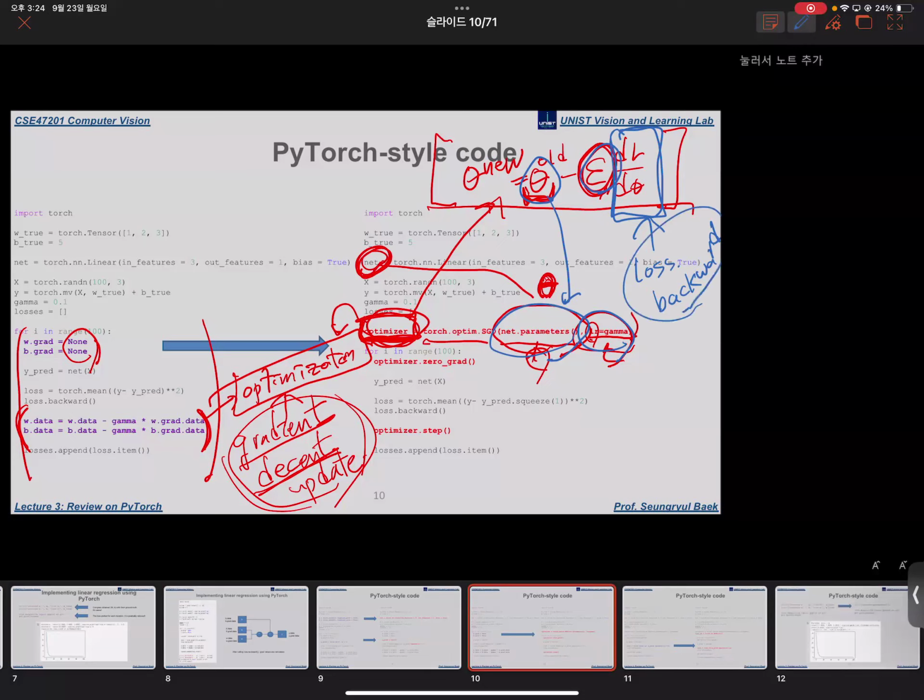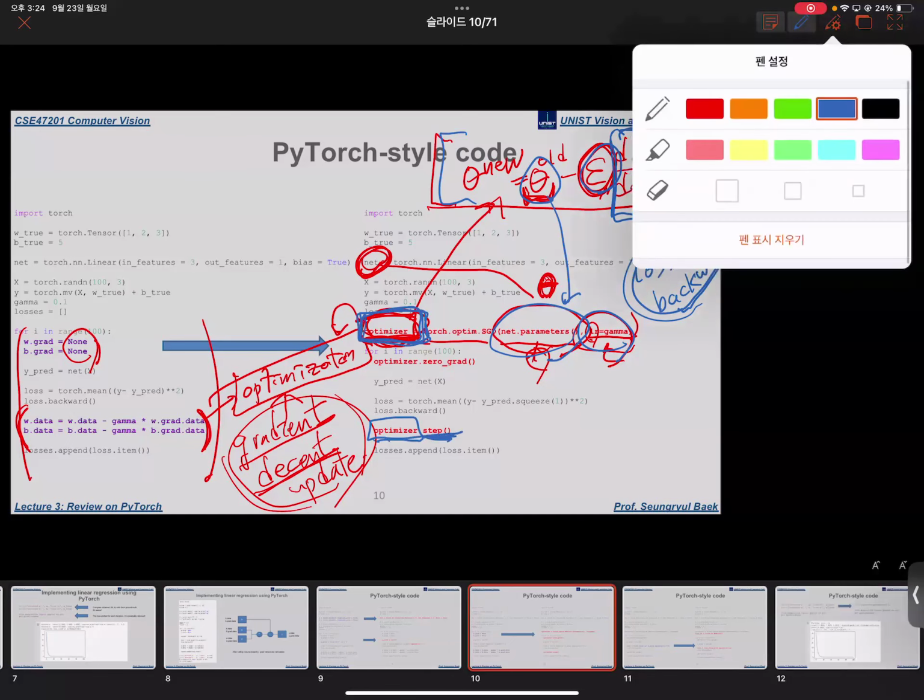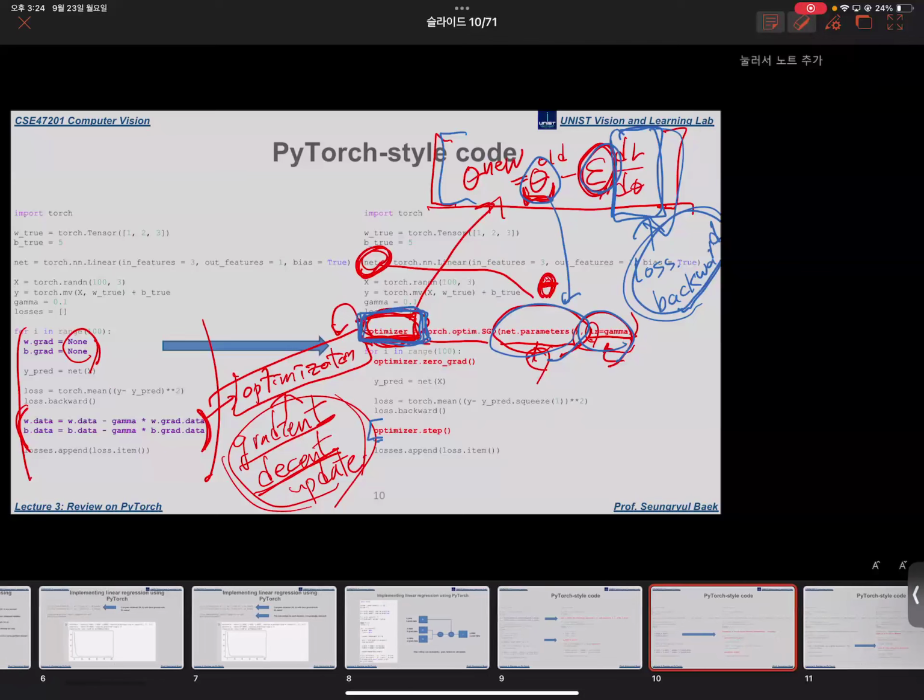So after calculating loss dot backward, the next thing is calculating this. When we specify the optimizer, we call optimizer.step.